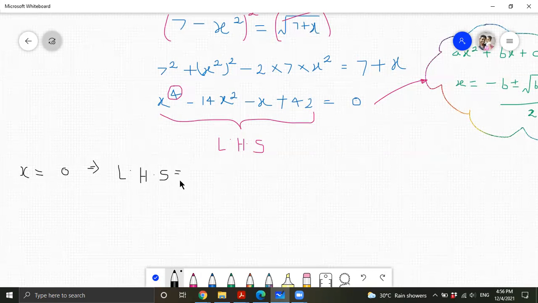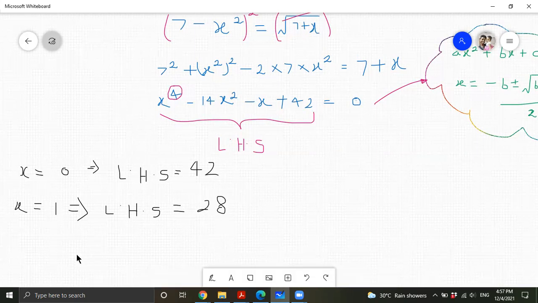You can find this answer is 42 because all the terms are removed. So this numeric term without x term will be the answer when x is equal to 0. That's all we know. And when x equals 1, if you put it in, you find the LHS is going to be equal to 28, I think, right?